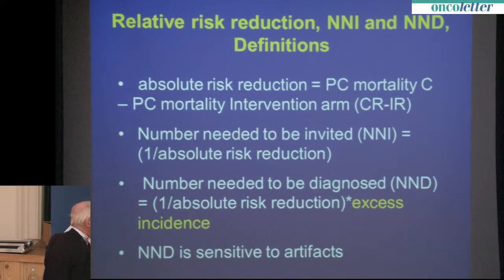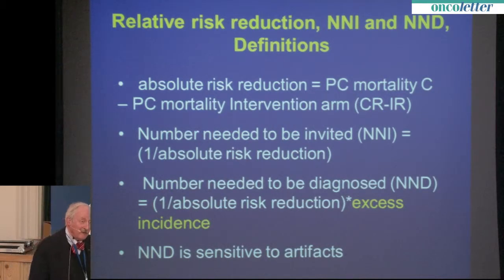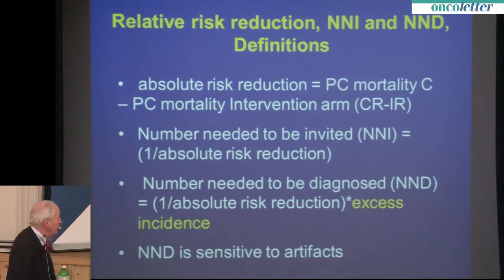I would like to speak briefly about the definitions that we have been hearing a lot about this morning already, and that is the absolute risk reduction, the number needed to invite, the number needed to diagnose, and their definition. And I think we should be very much aware that each one of these parameters is likely to be biased.